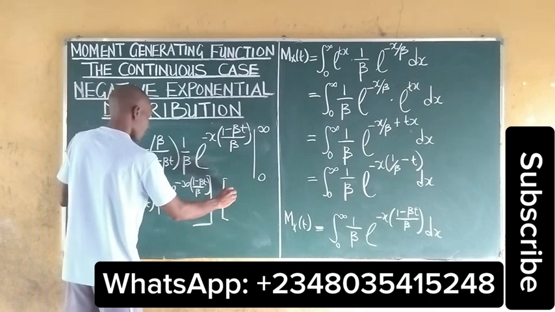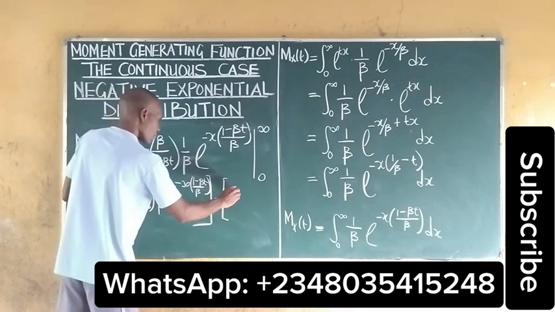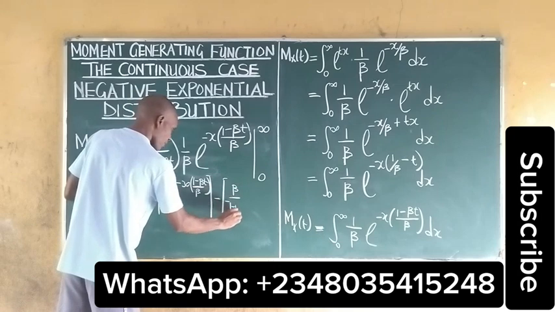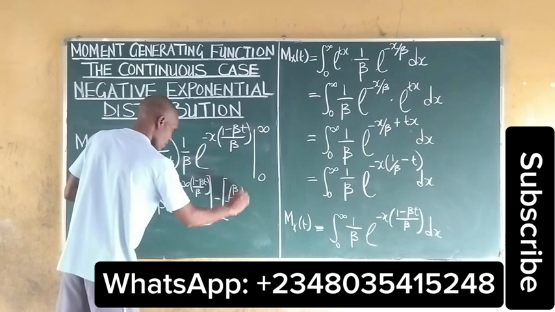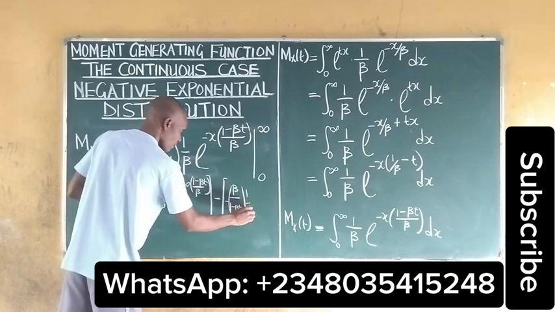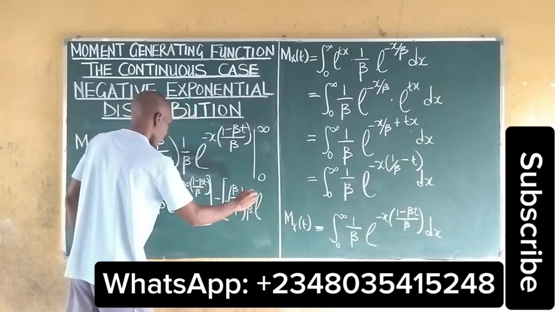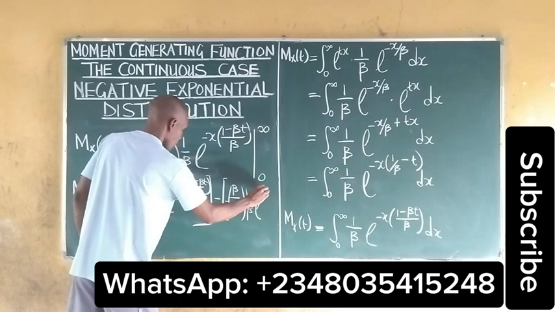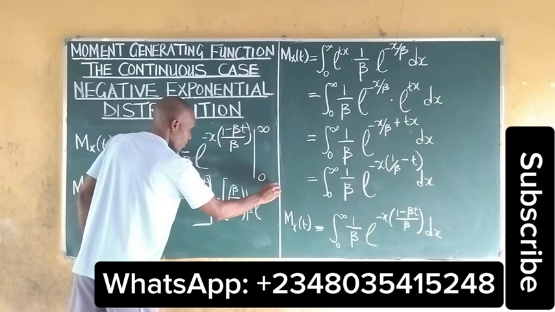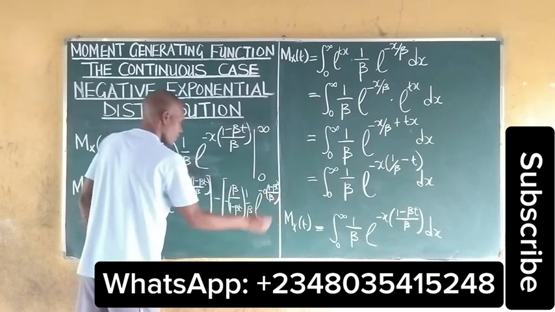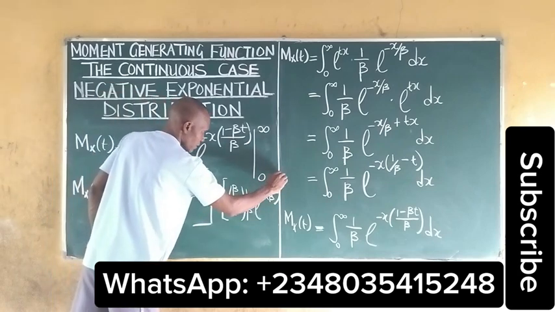We also bring this here, beta all over 1 minus beta t, 1 all over beta, exponential negative 0 multiplied by 1 minus beta t all over beta. So this is what we get.